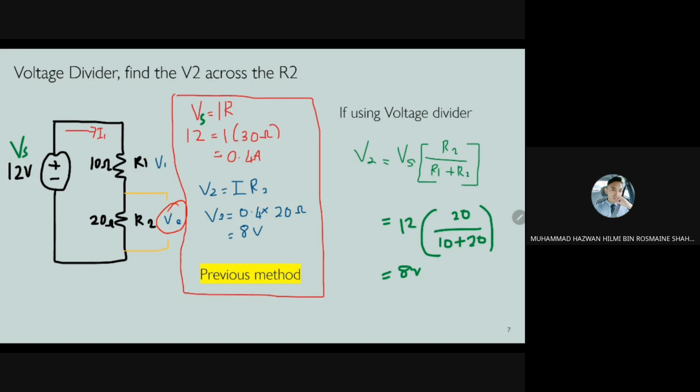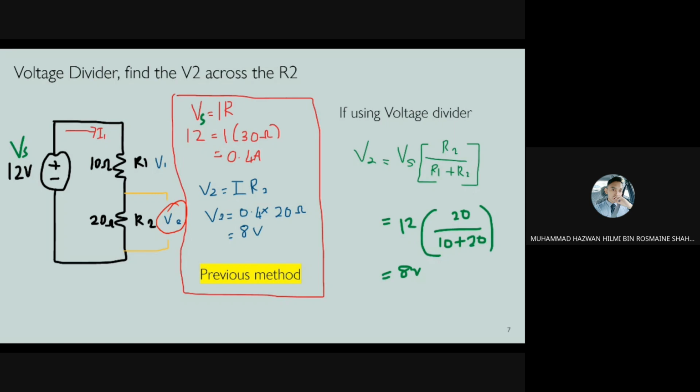They give you the resistance. So V equals IR. V is 12 volt, I is I total, times 30 ohms. So you get the current is 0.4 ampere.